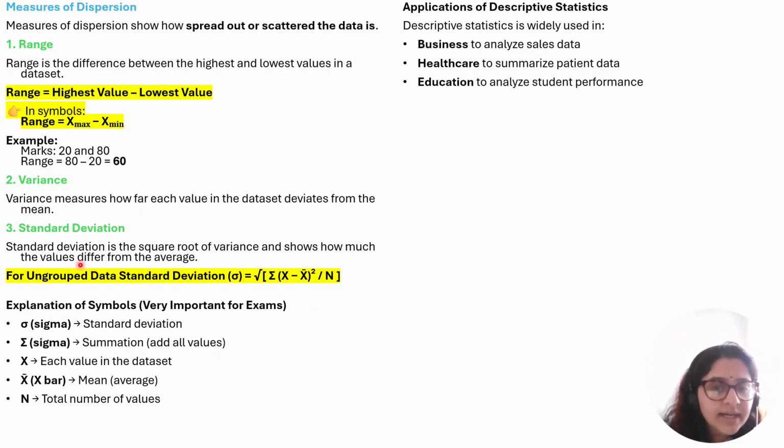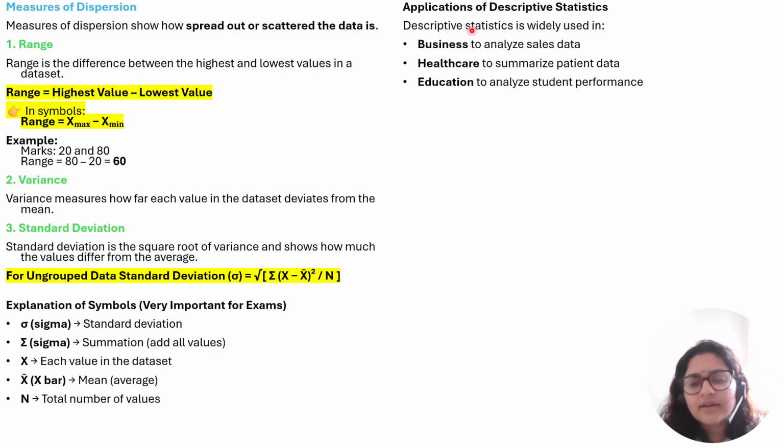Then the standard deviation is the square root of variance and shows how much the values differ from the average. For this, you have no other choice but to learn this formula. The formula for standard deviation, sigma, is this one. See this, all these are the explanations of the variables in the formula.